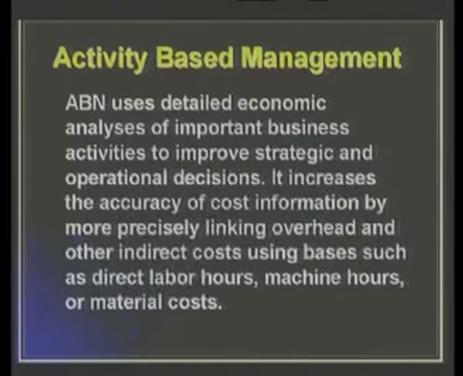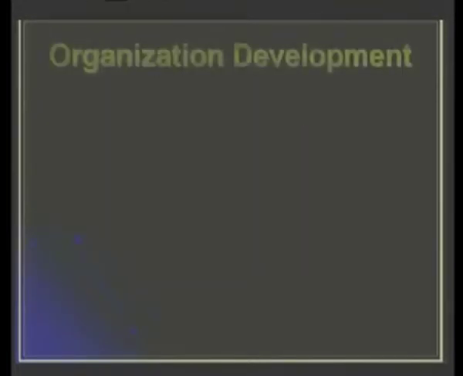It increases the accuracy of cost information by more precisely linking overhead and other indirect costs using bases such as direct labor hours, machine hours and material costs. We are talking about a combination of these costs to optimize the performance results of the organization.